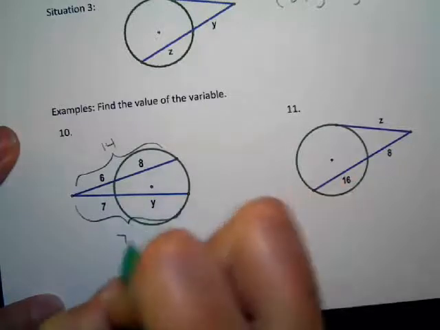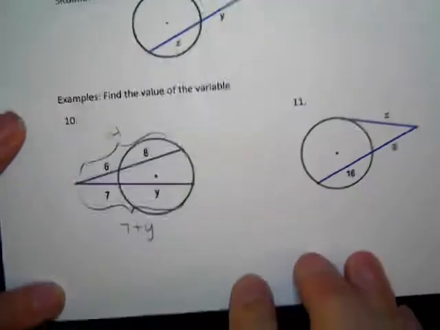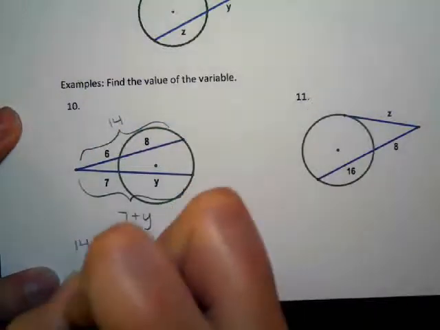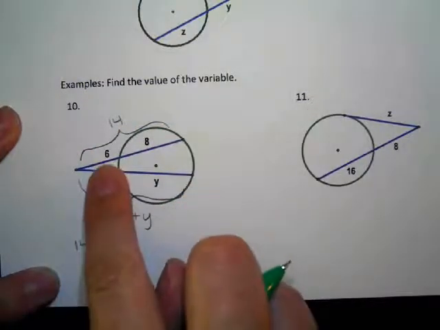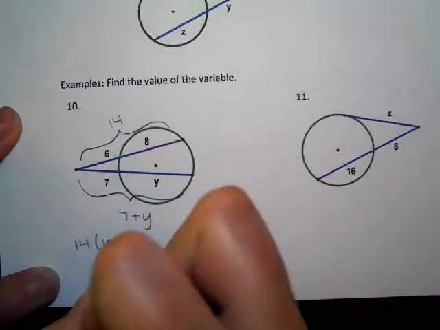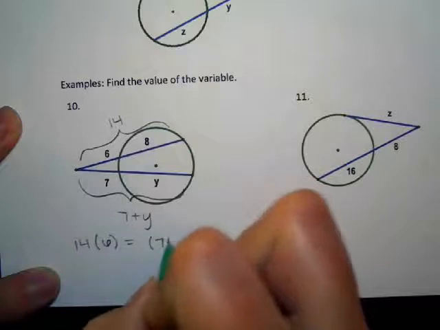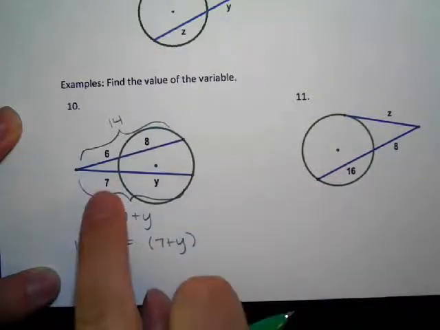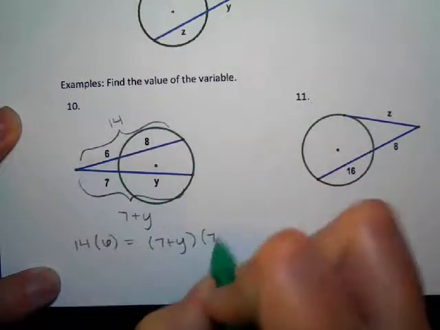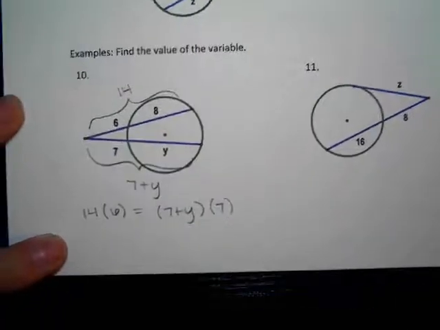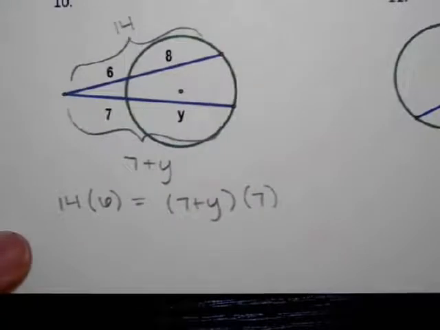Marvelous. So we're going to say the entire length of 14 times the outside portion, so times 6, equals the entire length of 7 plus y times the outside portion of 7. So we did the entire length times the outside, the entire length times the outside.